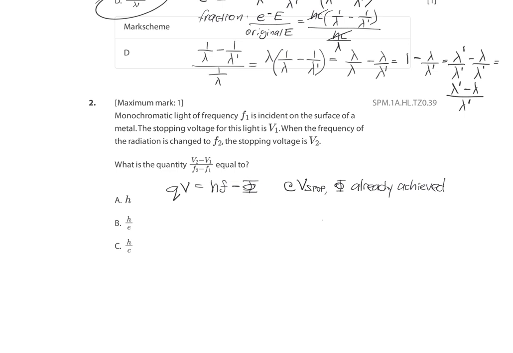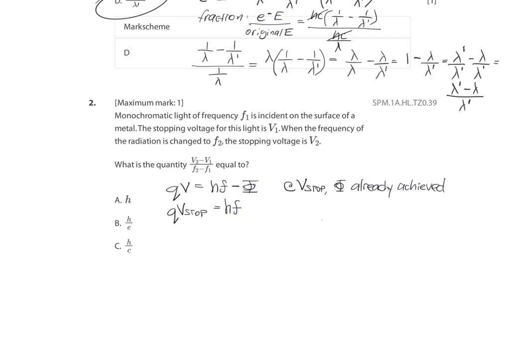We're already sending electrons across the gap, so the frequency is high enough to overcome the work function. So the electrons are crossing the gap, and then you turn up the voltage to stop that current. In other words, for stopping voltage, QV is equal to hf. We no longer need to subtract out the work function because that energy has already been achieved.